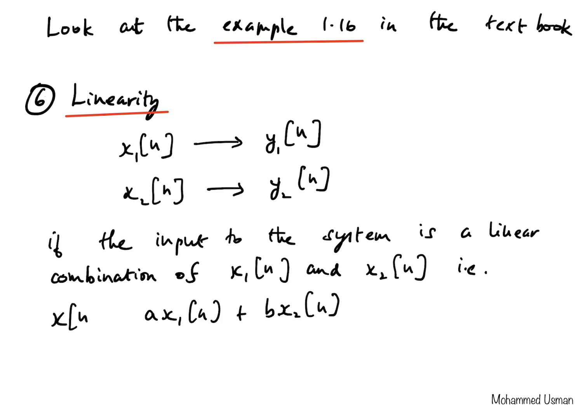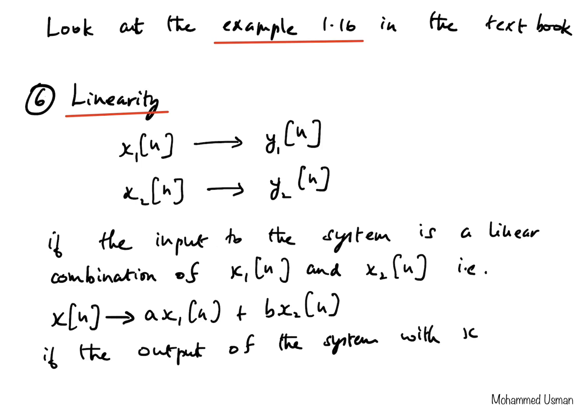Okay, so if we define another input x of n, which is a linear combination of these two inputs x1 of n and x2 of n, so it is some constant a times x1 of n plus b times x2 of n, then the output of the system, which has this linear combination of x1 and x2 as its input, if the output of the system with x of n as input is y of n, which is a linear combination of the individual outputs when we had x1 and x2 as separate inputs.